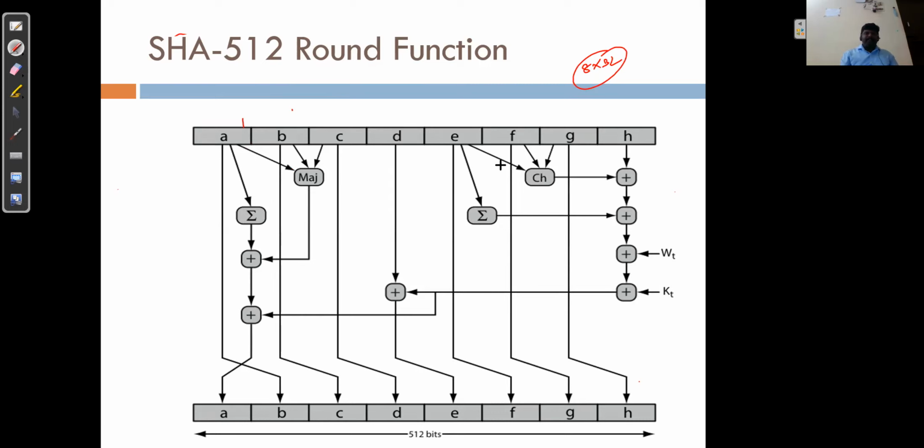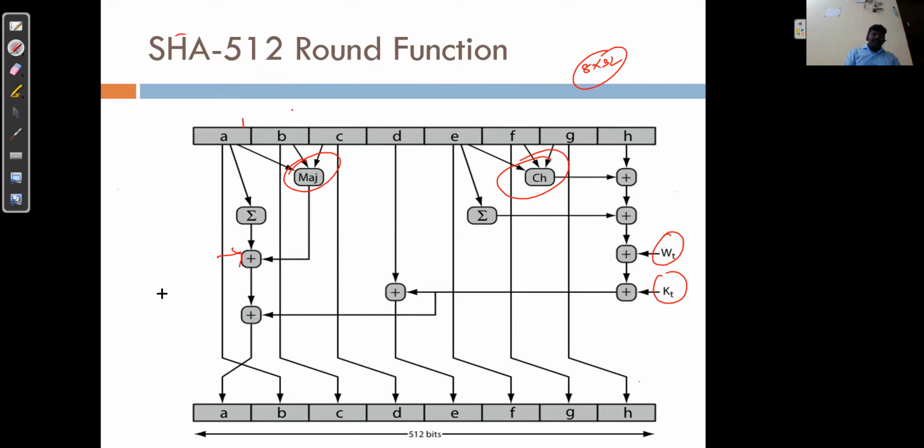Here we'll be using a separate logical function with the 3 registers, and separate logical functions for the values stored in the 3 registers, right? Whatever value we got, we are summing it and adding it here, and then we are passing the word value and the constant value.